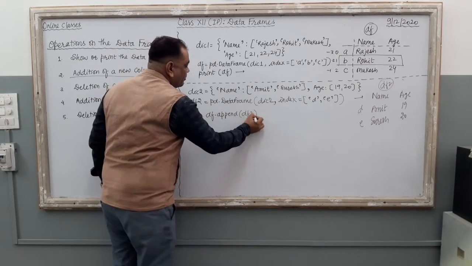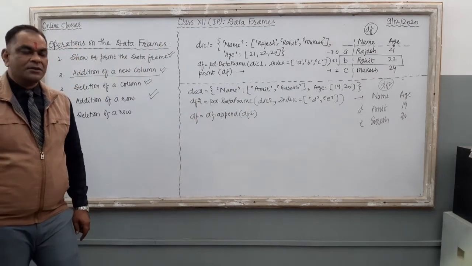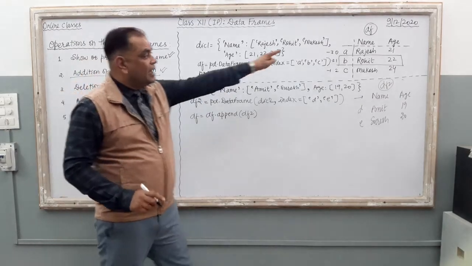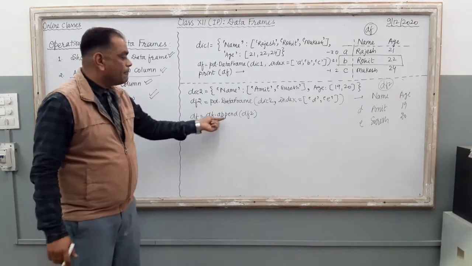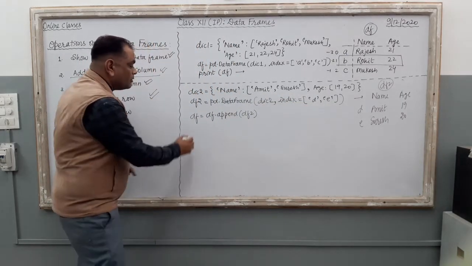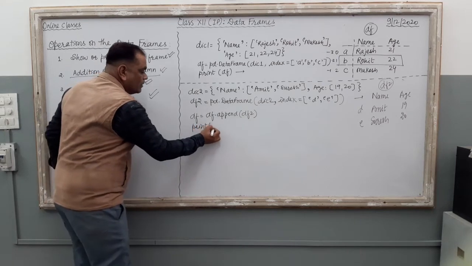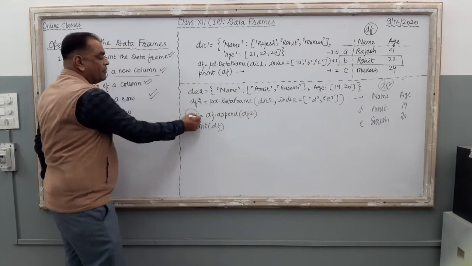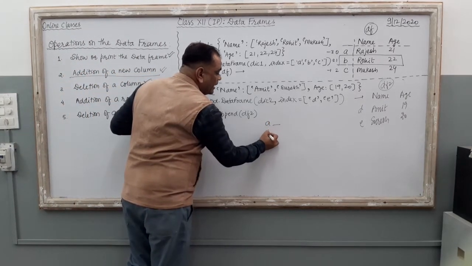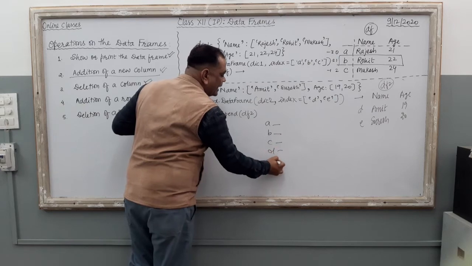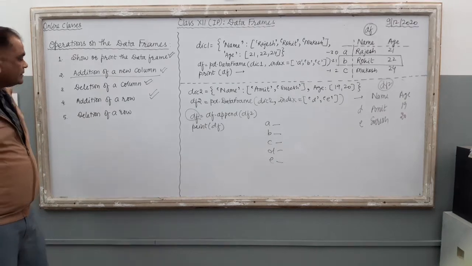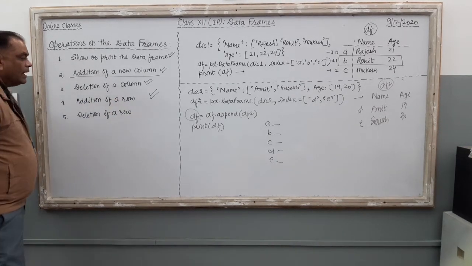Just see, this is the append function. df.append: df means in which data frame you have to add the values, in df. Which values to add? After append, in brackets write df2. df2 is this one. Now when your computer executes the command, and you print df, the new data frame df is made. Now in this df, A, B, C, D and E, 5 rows are there. Clear? So this is the addition of a row in this data frame.